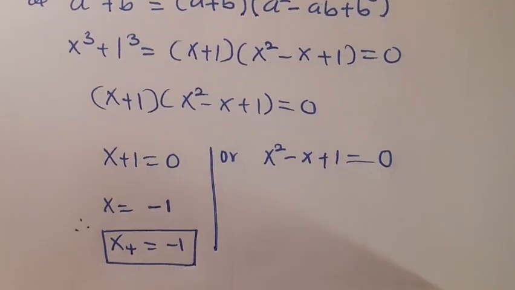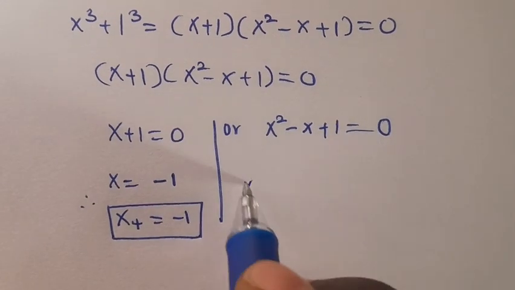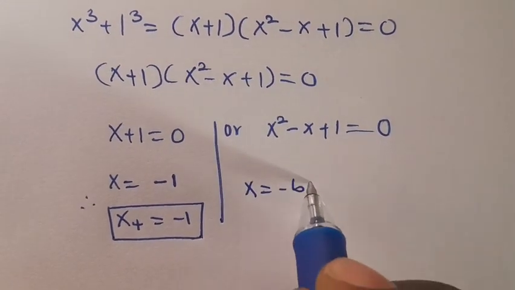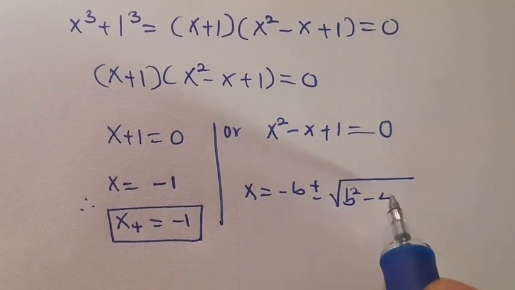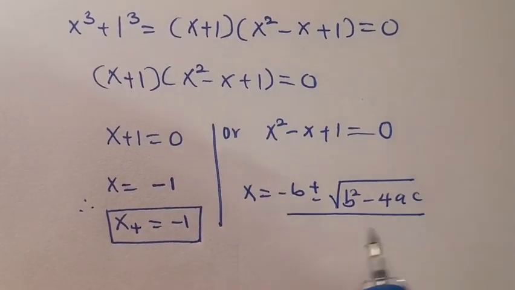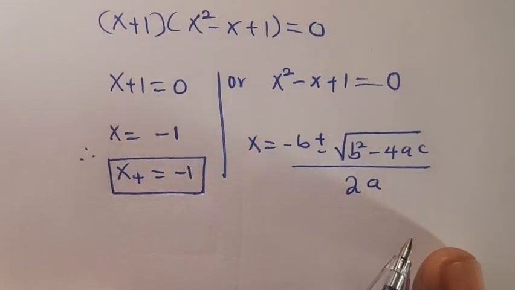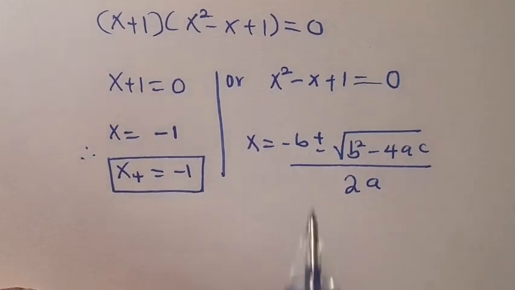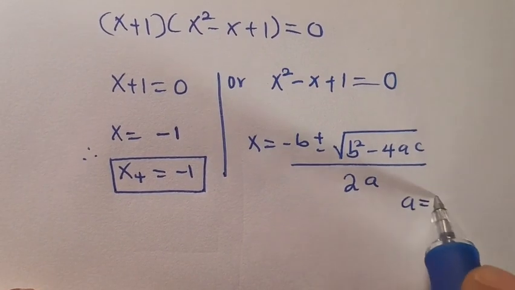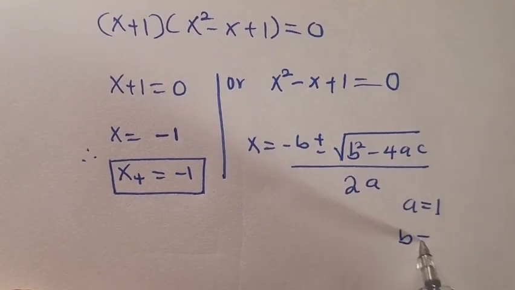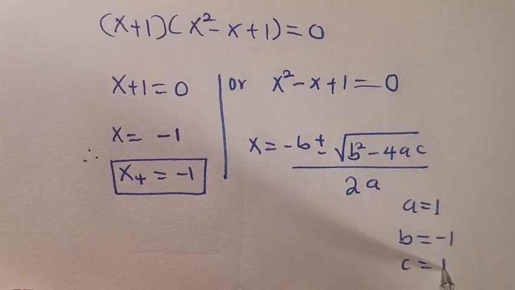Now from here as well, for x squared minus x plus 1, we can have the value of x to be minus b, positive or negative, square root of b squared minus 4ac, divided by 2a. Then we have a equals 1, b equals minus 1, and c equals 1.